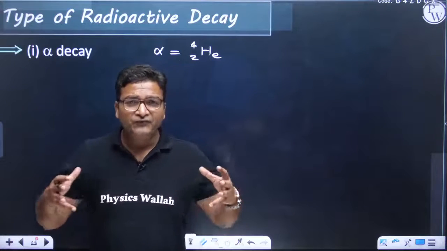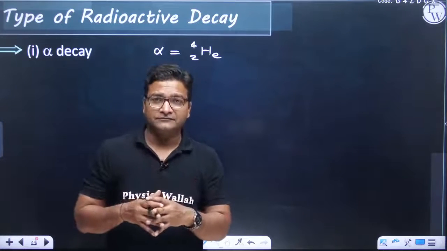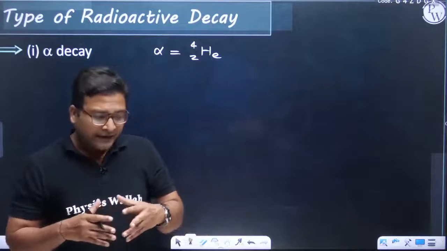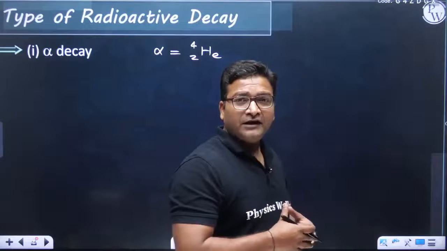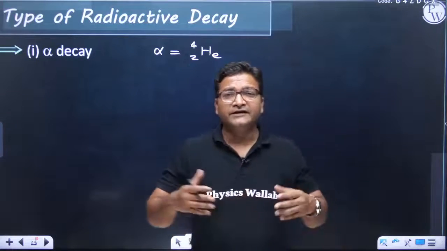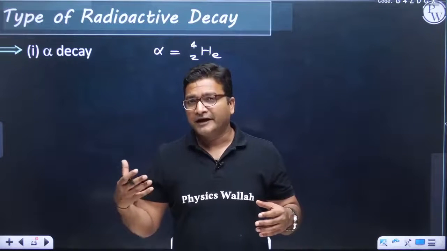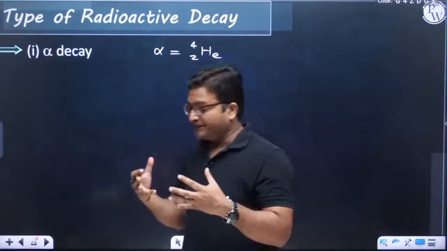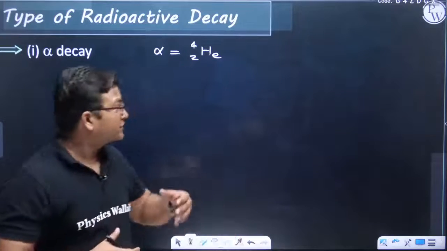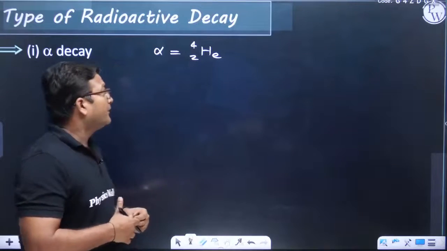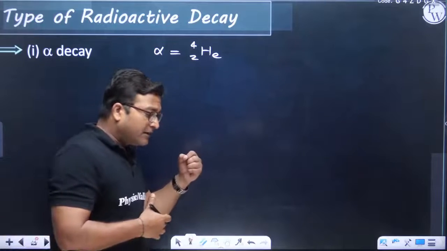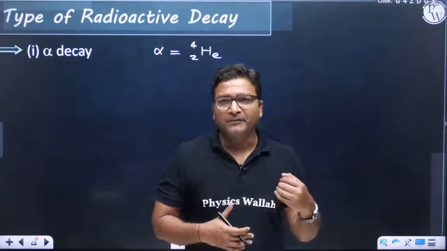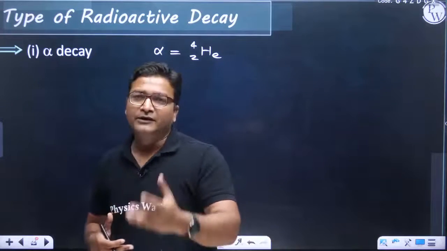So helium is a very tightly packed particle, and its stability is very high as compared to its neighbors like hydrogen, lithium, etc. Helium has extraordinarily high stability because of the structure of the helium atom, and that is why helium is commonly used for bombardment in nuclear reactions.